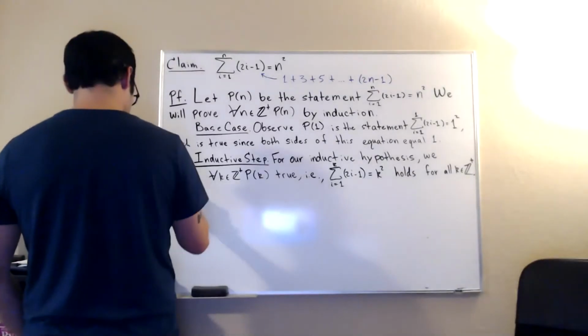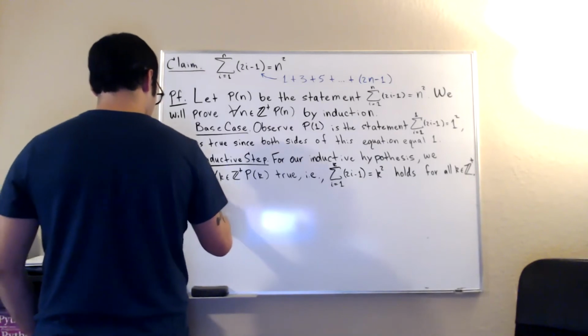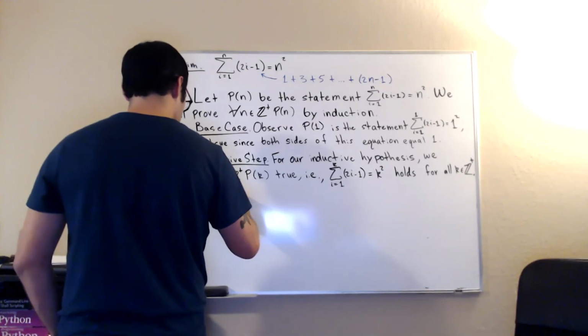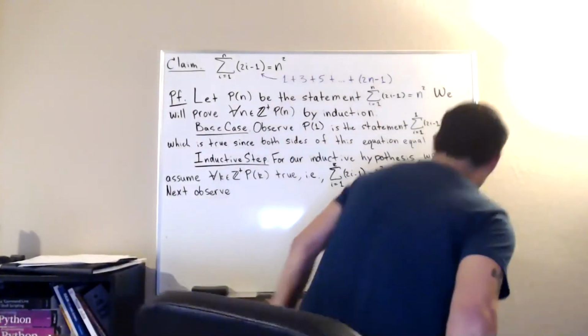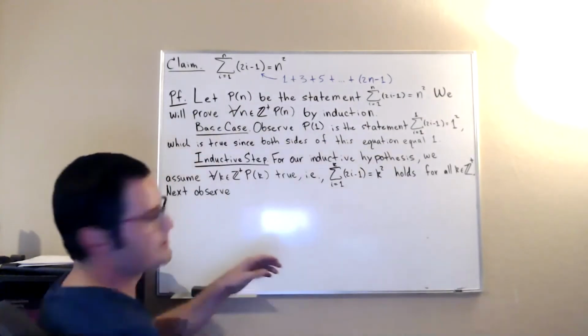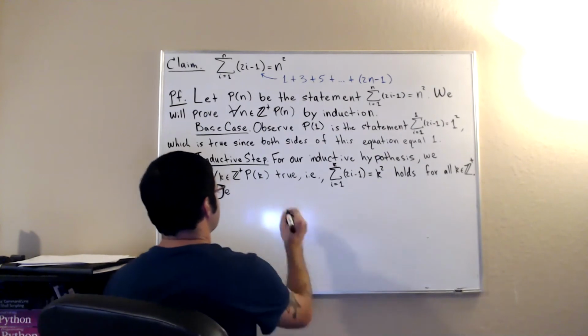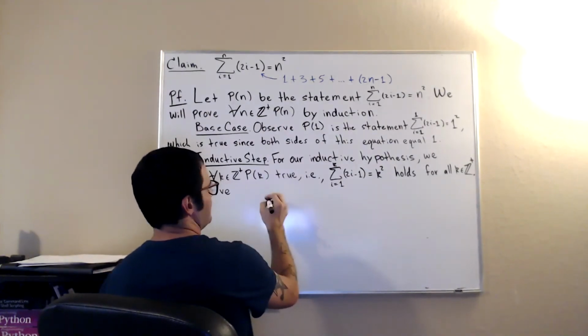So next, observe. It looks like I'm going to have enough room now. So we want to consider the statement P of k plus 1. Or we want to show that P of k plus 1 is true.